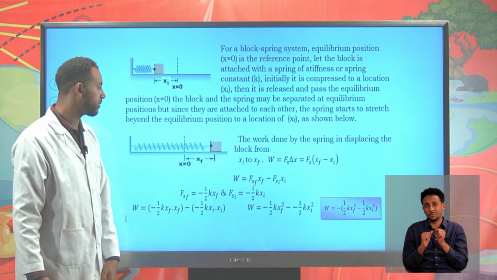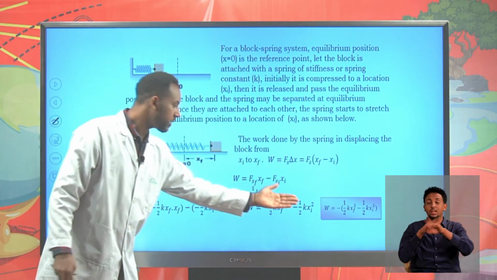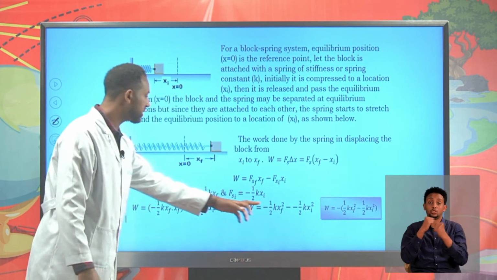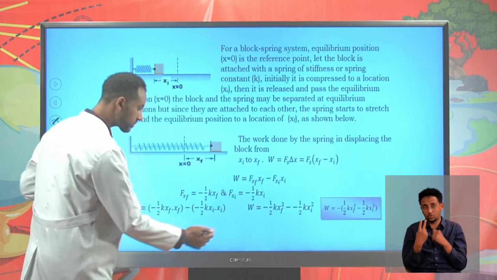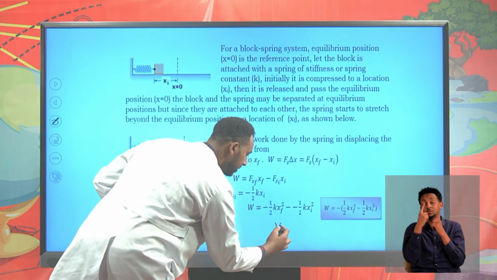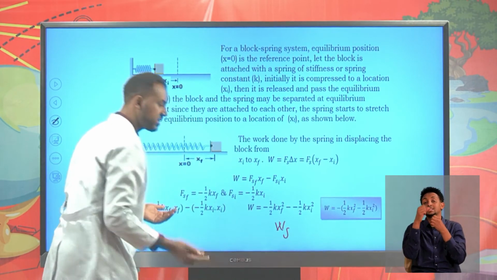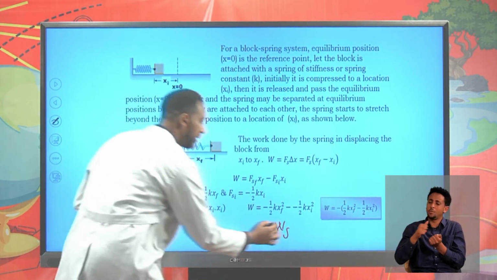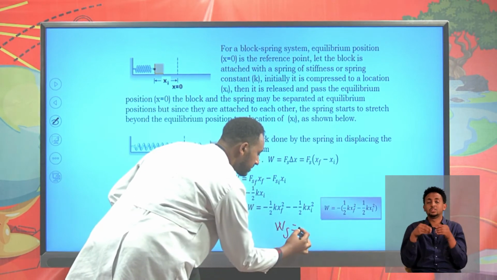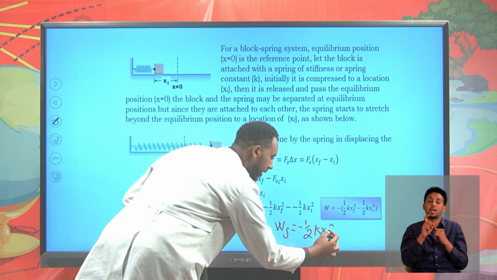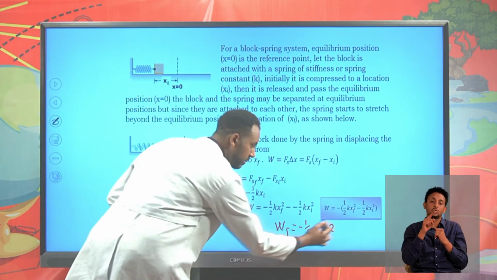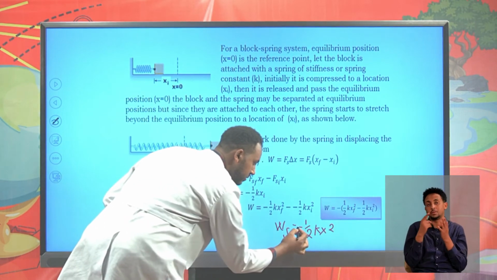Elastic potential energy is mathematically given as 1 over 2 kx squared. Here you have the work done by the spring. The work done by a spring or any other elastic material can generally be given as minus 1 over 2 kx squared. Actually, for this case it's not minus.